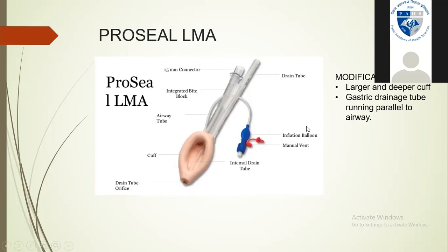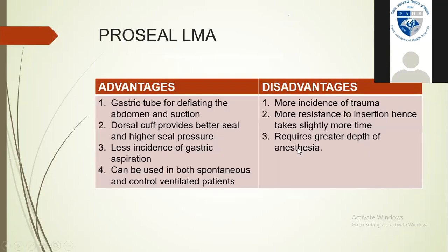So another advantage of this PROSEAL LMA is that the cuff will be larger, so the seal will be tighter than a classic LMA. And we also have a draining tube that will decompress the gastric contents, and aspiration risk will be decreased. So as we have already said, advantage will be gastric tube for deflating the abdomen and suction.